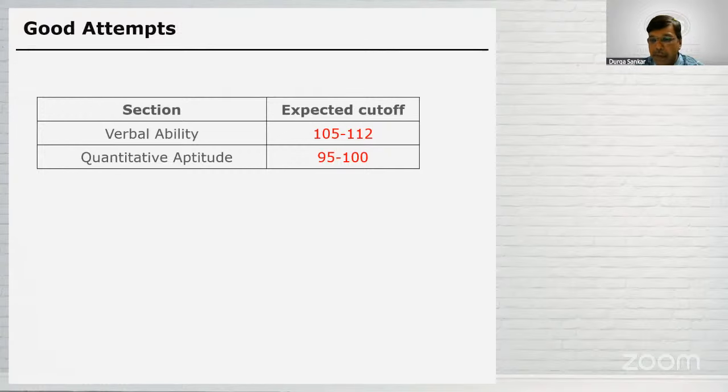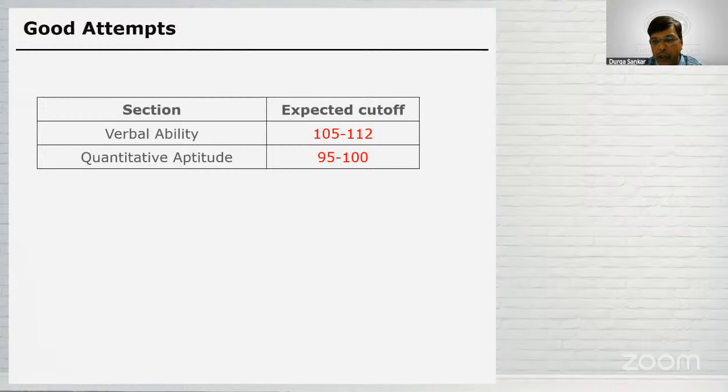The bare minimum, maybe if things go very positive, you can probably expect the cutoff to drop by 5 to 10%. So if we are expecting the overall cutoff to be around 200 as per IMS's calculation, then probably we might have a chance till 180, 185.